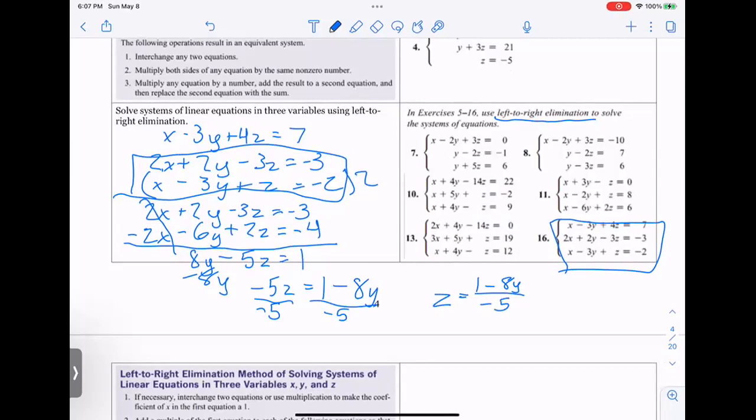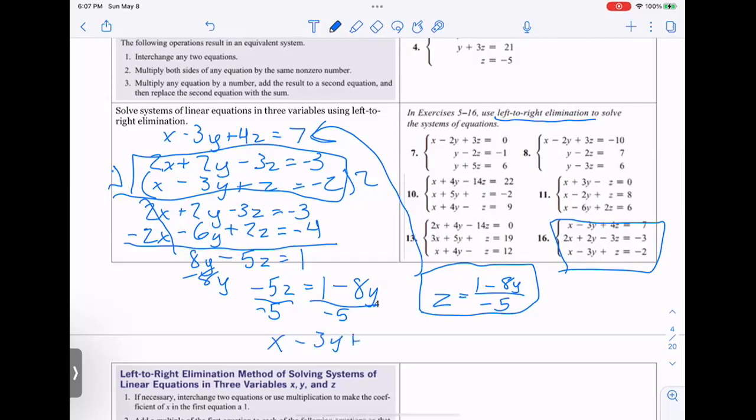We can plug this into the equation that we didn't use. We used these two equations, which means we can put it back into this top equation.